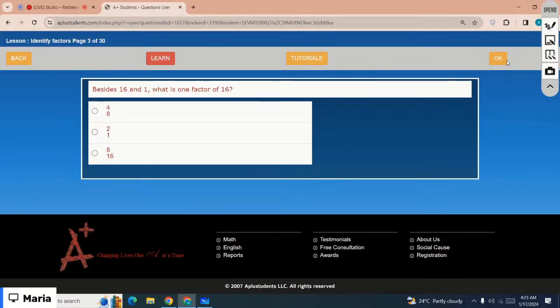Besides 16 and 1, which is one factor of 16? Which is the correct option? 8 and 16, right?